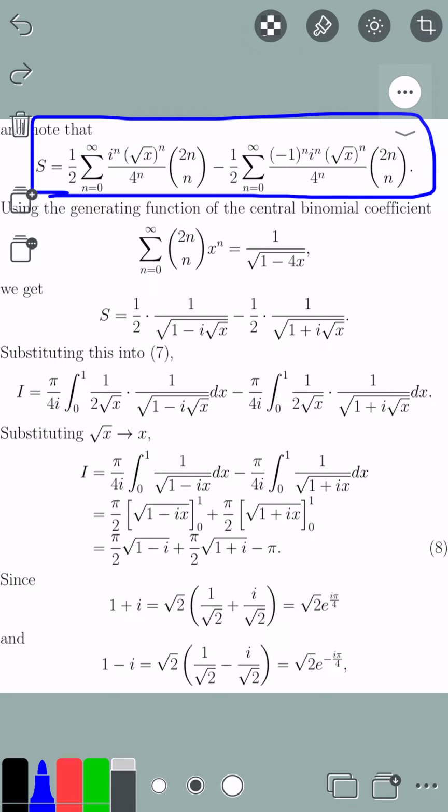And then for the odd indices, positive minus the negative 1 to the nth power, so the terms with odd indices will be negative. So positive minus the negative will be 2 times the terms with odd indices, and we divide by 2, so that we only get the terms with the odd indices.